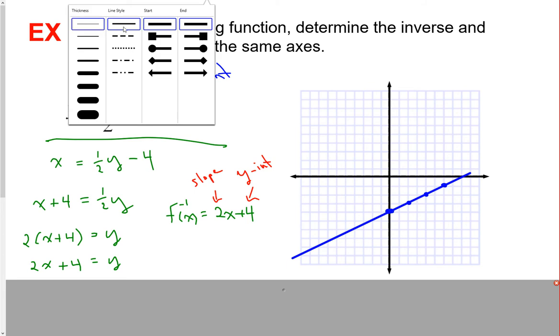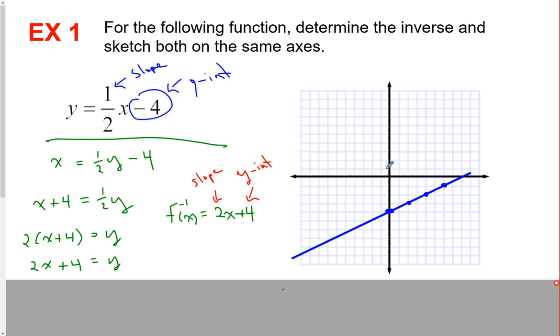Let's graph that. Got a y-intercept of 4, 1, 2, 3, 4 right here, and a slope of 2. That's the same as saying 2 over 1. So rise 2, run 1 right here. Rise 2, run 1 right here. Rise 2, run 1 right here.